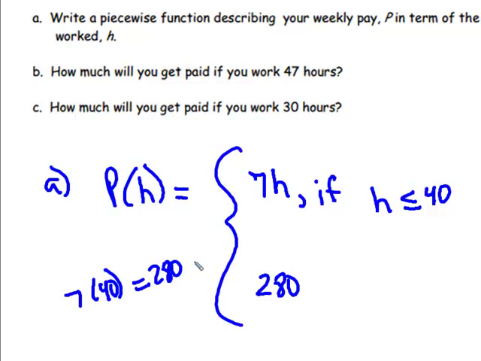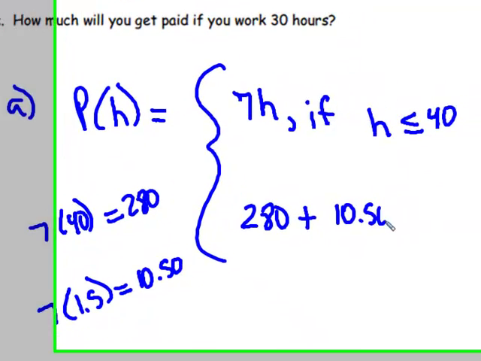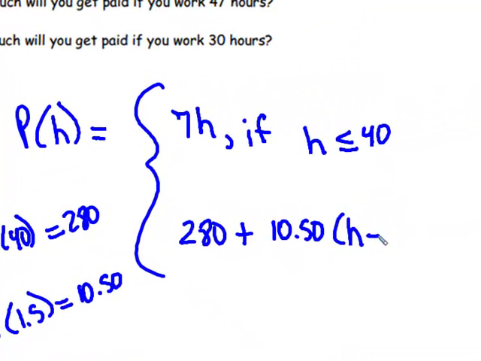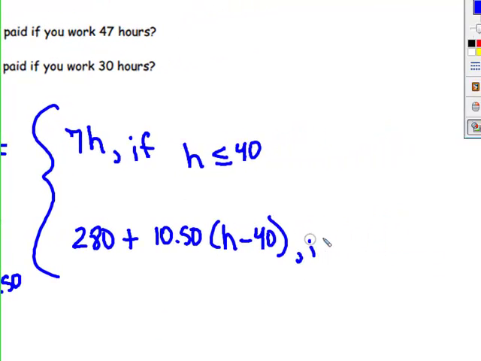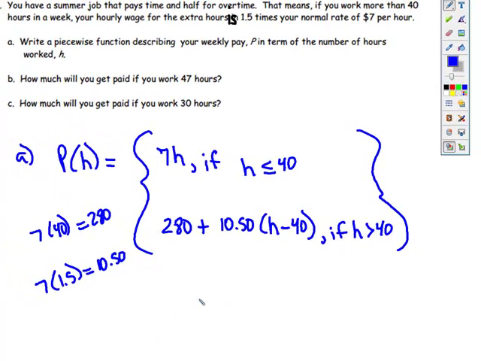Plus, you're going to earn $10.50. I'm getting the $10.50 because that's time and a half. 7 times 1.5 is $10.50. So you're going to earn $10.50 for every hour that's over the 40. So that's if H is greater than 40. Now you can distribute and collect the like terms if you want, but for my purposes I'm just going to leave it right as it is here.